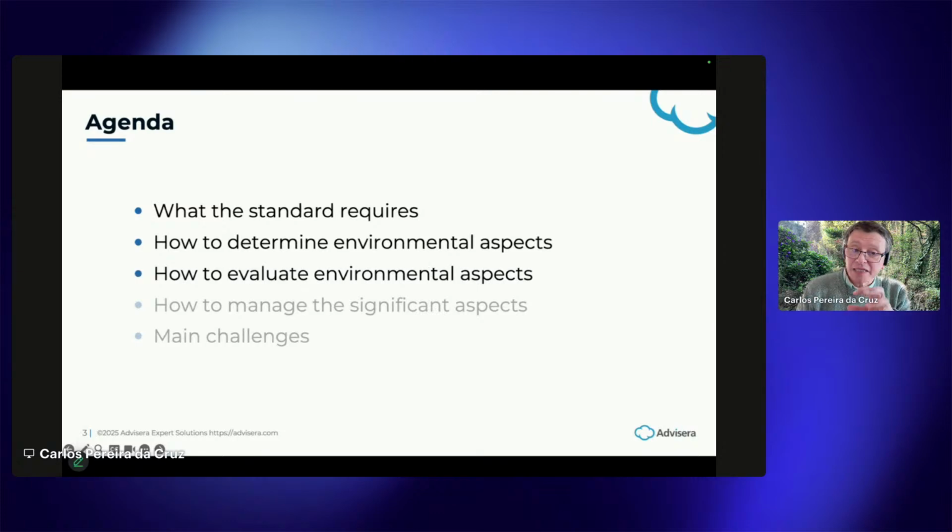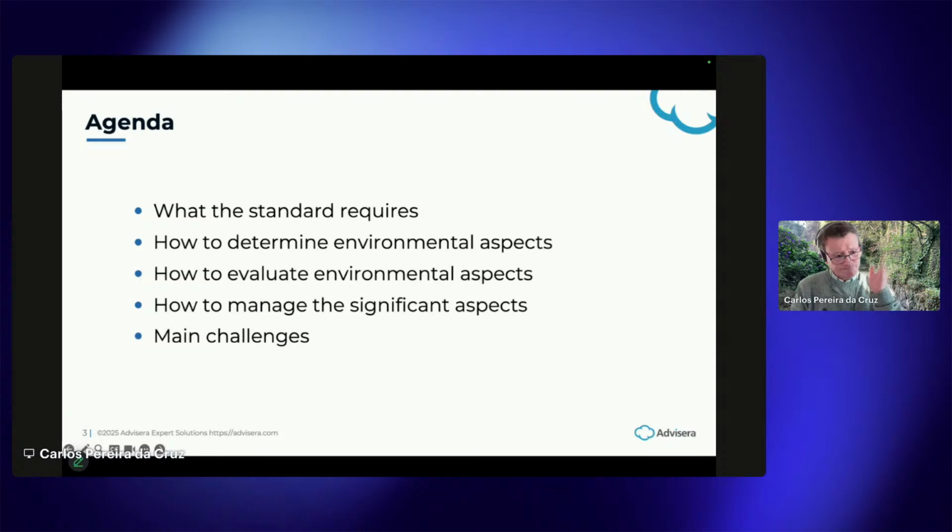Then we will discuss how to determine the environmental aspects and perform that activity. The next topic is how to evaluate environmental aspects and determine those that are significant and how to handle the significant aspects. And at the end, we will discuss the main challenges regarding determining and evaluating environmental aspects based on emails received before this webinar.